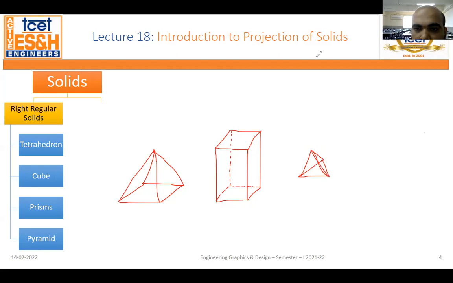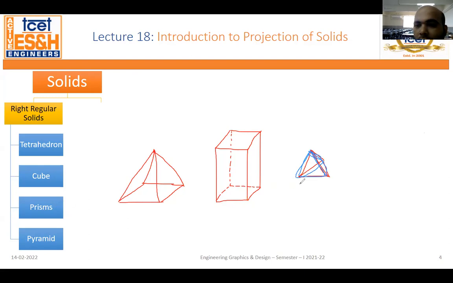Let's suppose I take this as a triangle. Here are two triangles, and here also a triangle. Look, this is also a triangle, and this one too. And at the base side also there is a triangle. Four sides will be triangles. That is a tetrahedron.